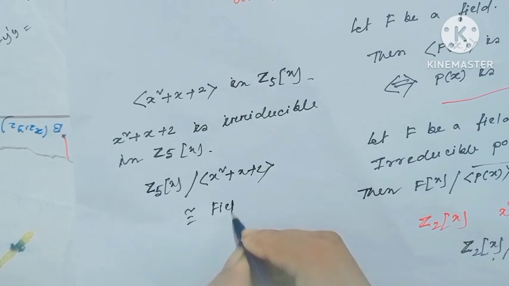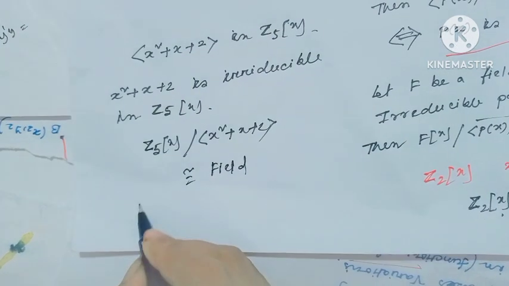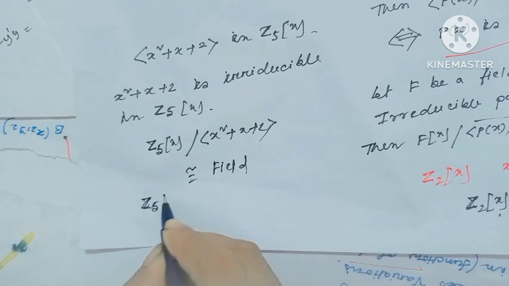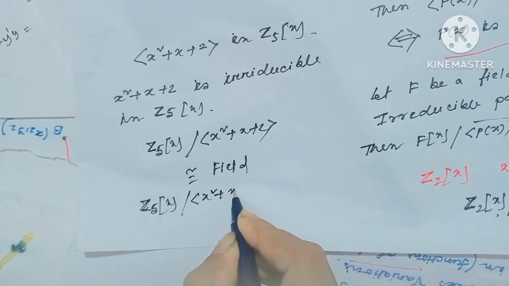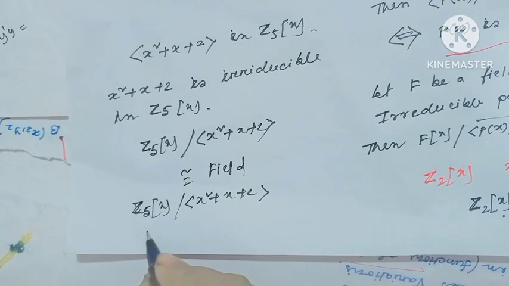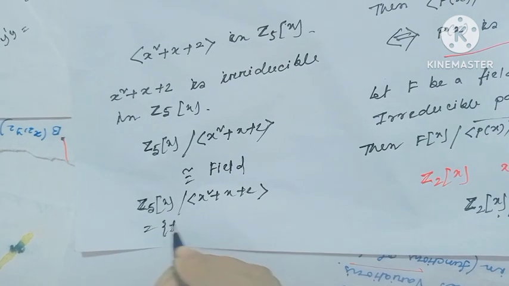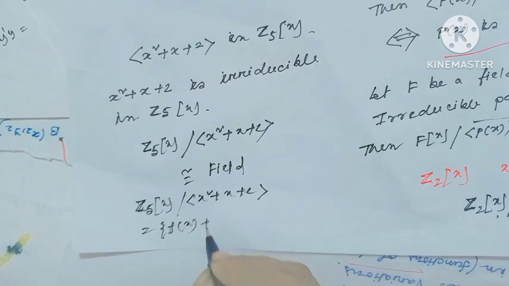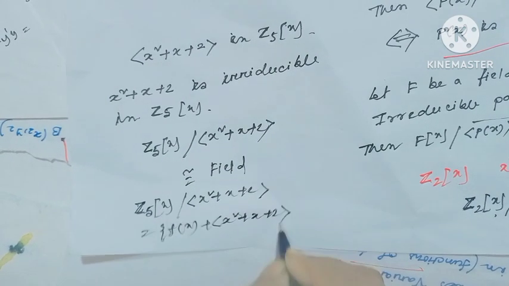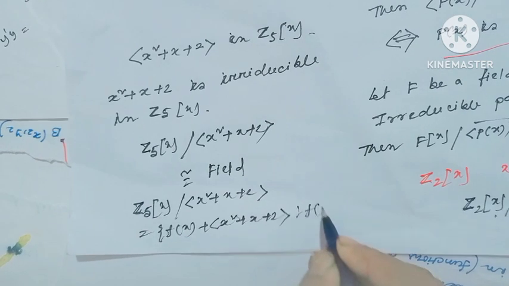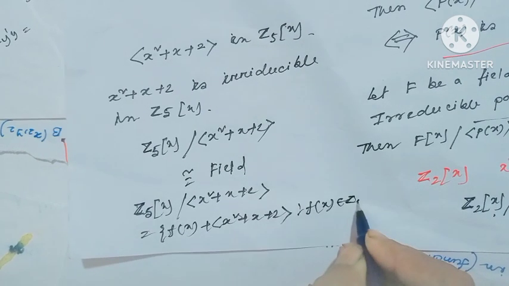And how does the field look? Its elements look like f(x) plus the ideal generated by x square plus x plus 2, where f(x) belongs to Z5[x].